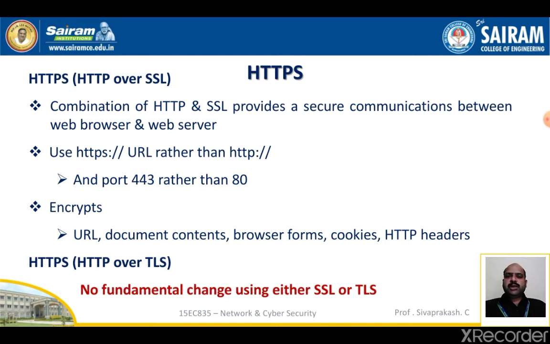HTTPS is documented in RFC 2818, as HTTP over TLS. There is no fundamental change in using HTTP over either SSL or TLS, and both implementations are referred to as HTTPS.